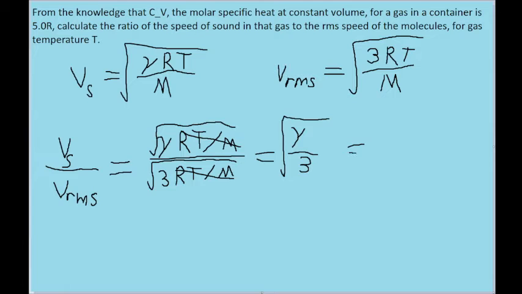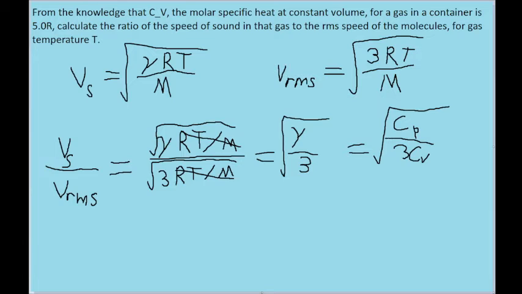Now the gamma factor for this particular gas is not given to us, but the definition of that gamma factor is that it's the ratio of the molar specific heat at constant pressure divided by the molar specific heat at constant volume. So I'll substitute that in for gamma in this formula.